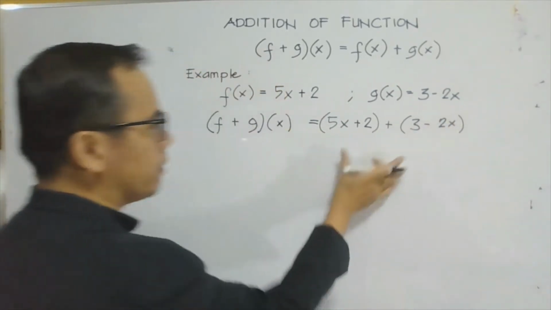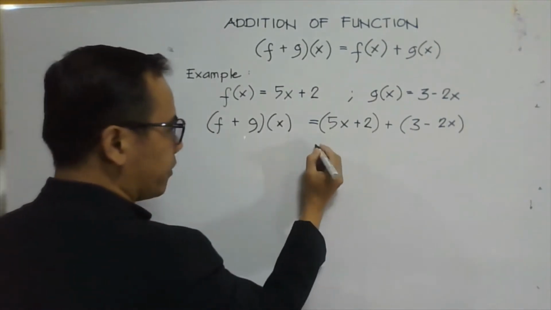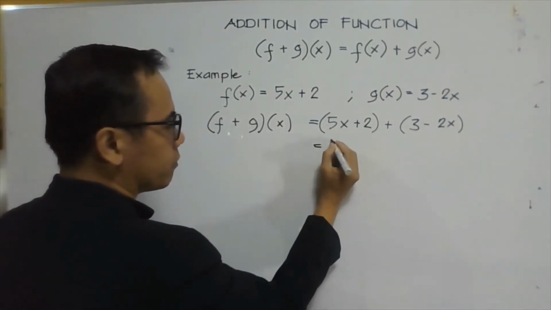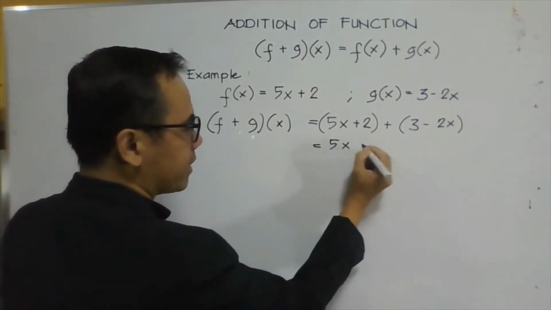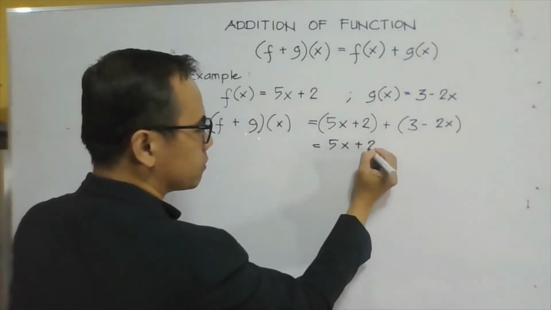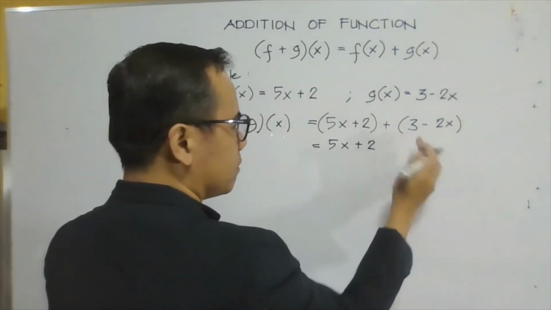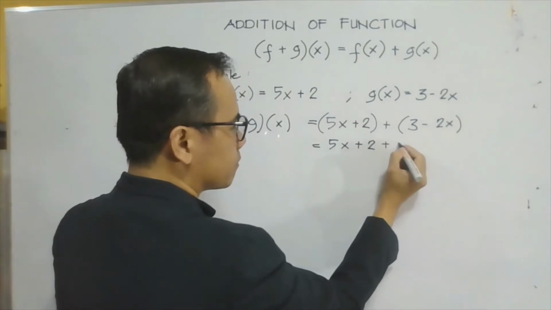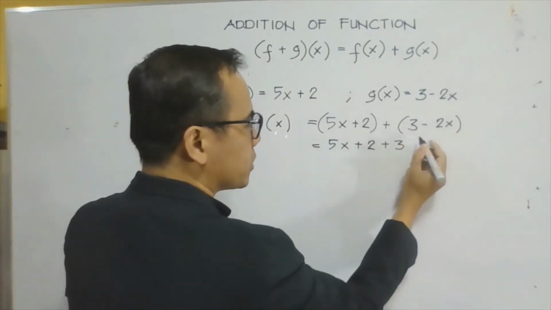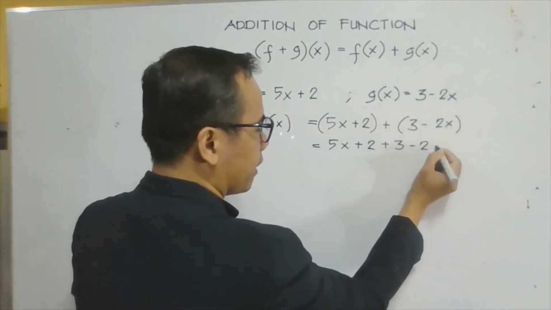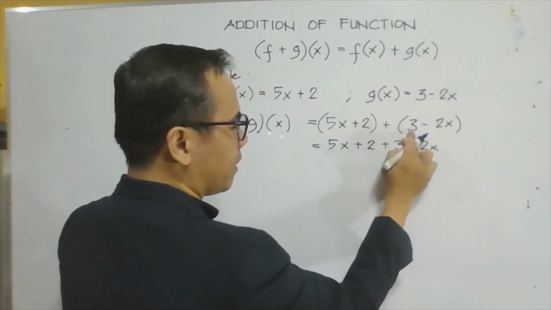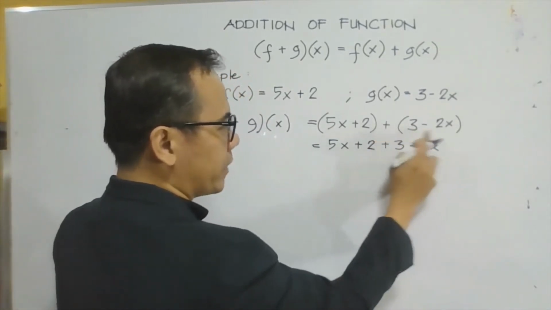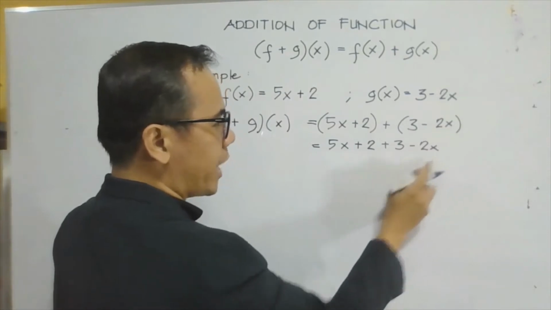Let's simplify the terms. So this is now equal to 5x plus 2, and then plus 3 minus 2x. Positive times 3 is positive 3. Positive times negative 2x is equal to negative 2x.